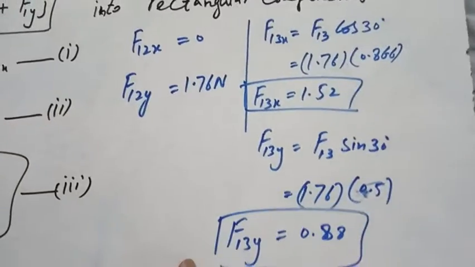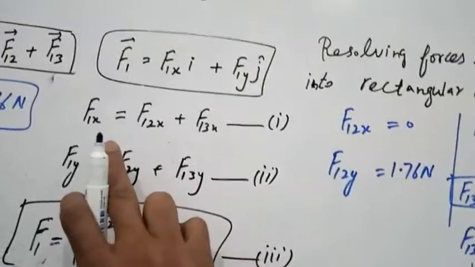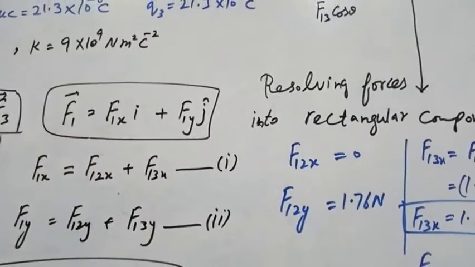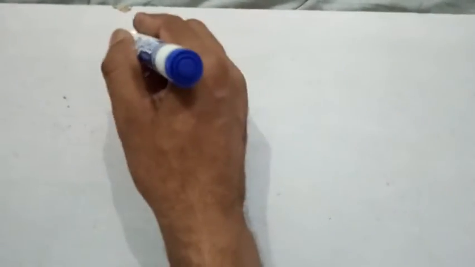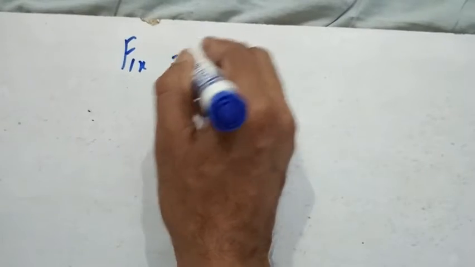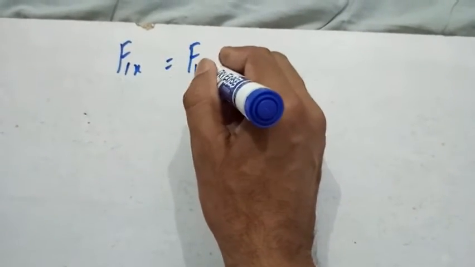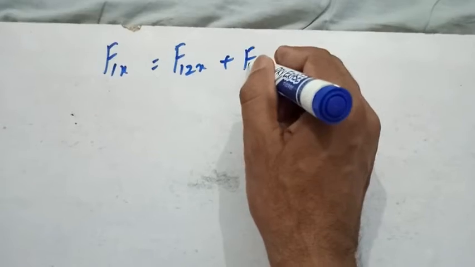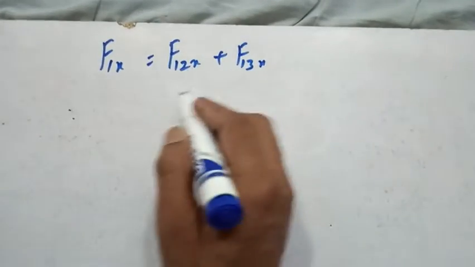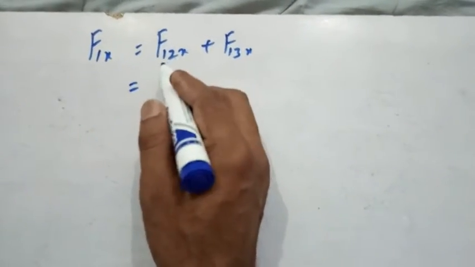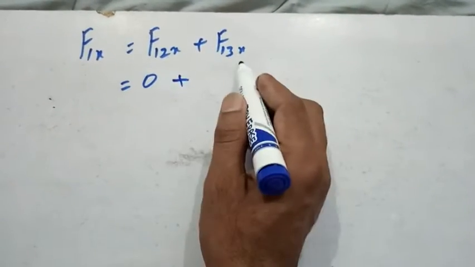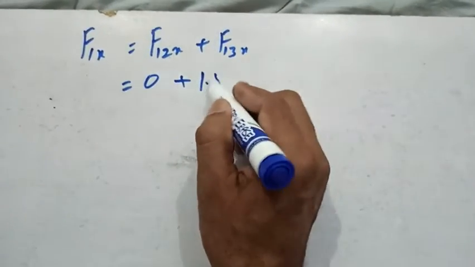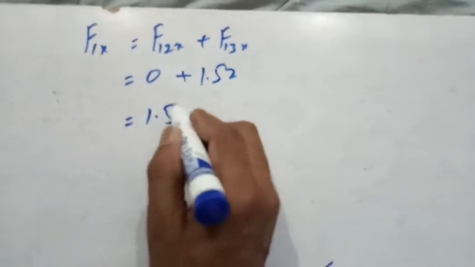Now we can calculate the x and y components of the resultant force. The x component of net force F1 is the sum of the x component of force F12 and the x component of force F13. The x component of F12 is 0 and F13's x component is 1.52, so it comes out to 1.52.